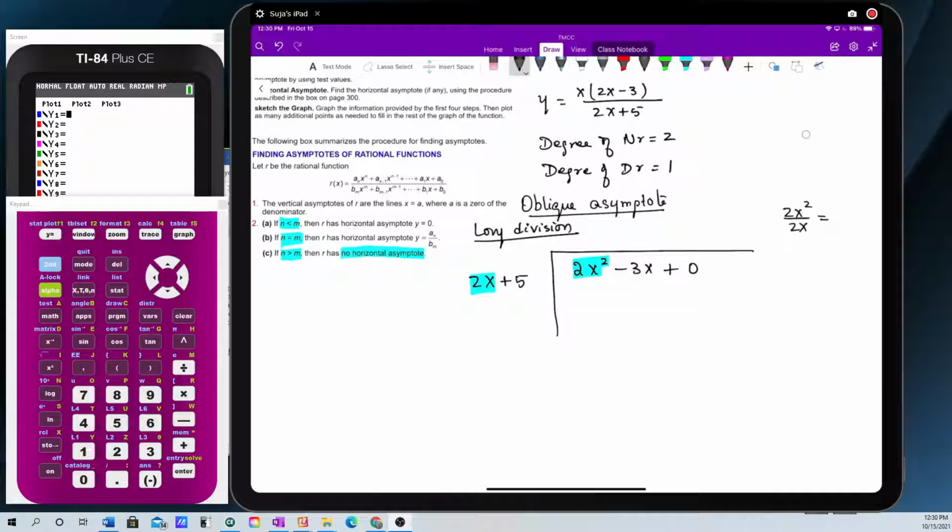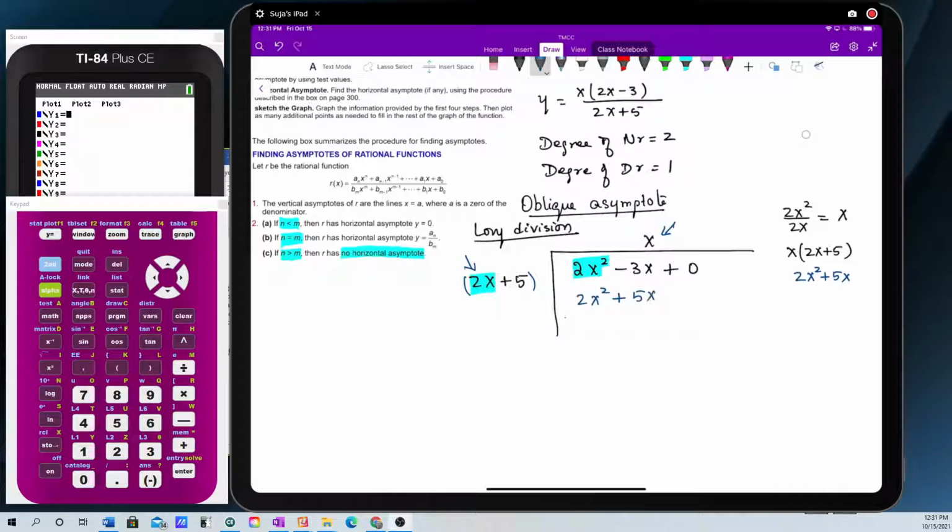The 2 and 2 cancel and x and x cancel, so I end up with an x. This x goes up here. I'm going to multiply this entire 2x plus 5 by x, which gives me 2x squared plus 5x. Just write it below this.